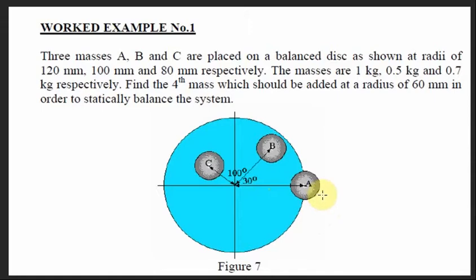So we have all that information. Now it's time for us to think of a plan that we could use to approach this question. We know this is 1 kg. We know this is 0.5 kg. And then we know that this is 0.7 kg.